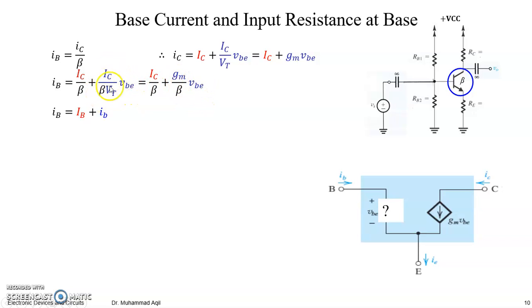So instead of IC by VT, you can write gm by beta. So you will have a relation of gm by beta into VBE, right? So IB is equal to IC by beta VT. You can take this one or this one, it's up to you, right? It's the same because IC by VT is gm.